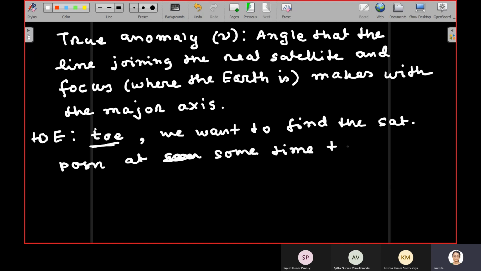It's a T, and T is not equal to TOE. Now how can we do it? There are ways to determine the other orbital parameters if the perturbations are also broadcast by the satellite.